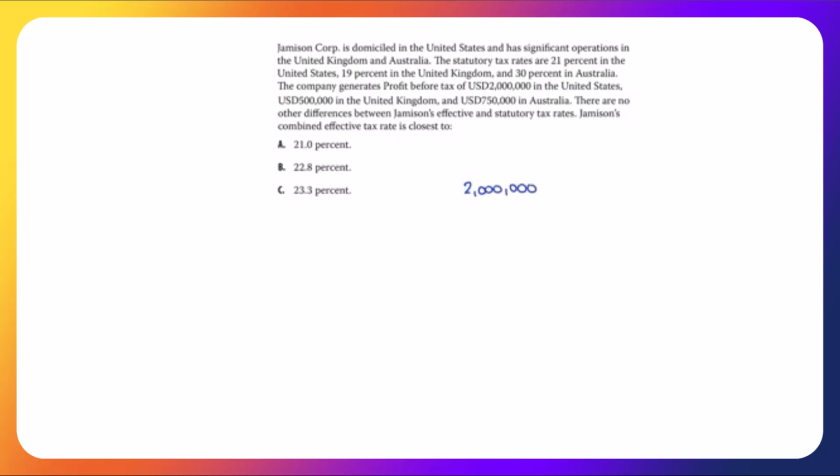And the tax rate in the US is 21%. 500,000 in the UK. Note these are all stated as USD. In the UK, 19% in the UK. And 750,000, again USD, in Australia. And that is in Australia, 30%.